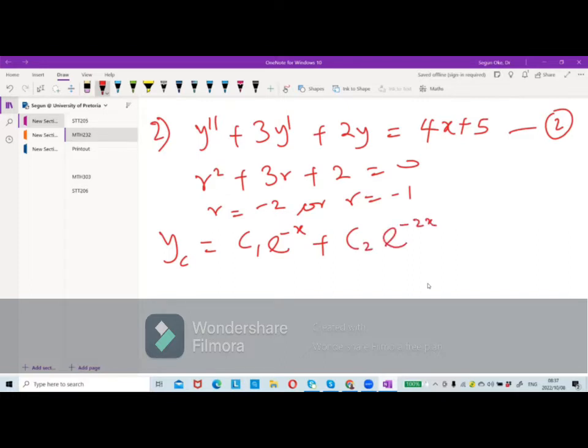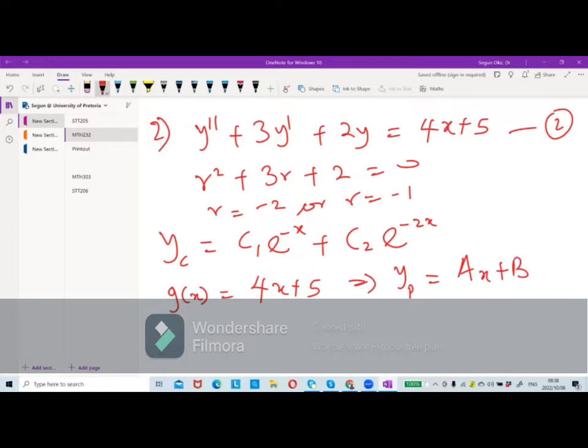Now we need to look for our g of x, which is 4x plus 5, which implies that our yp, what's the definition for yp for this kind of g of x? Ax plus b. Thank you. ax plus b.